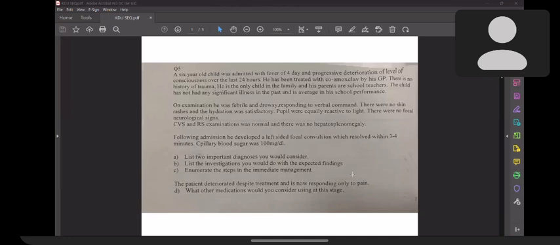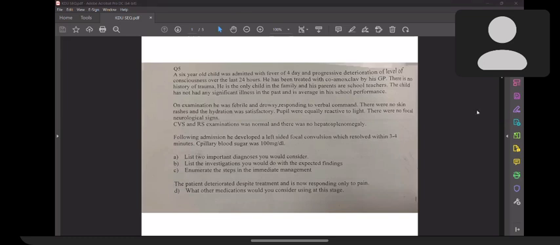On examination, he was febrile, so the fever still points towards a possible infection, and he's drowsy and responding to verbal command. We haven't really been given adequate information for a Glasgow Coma Scale assessment.